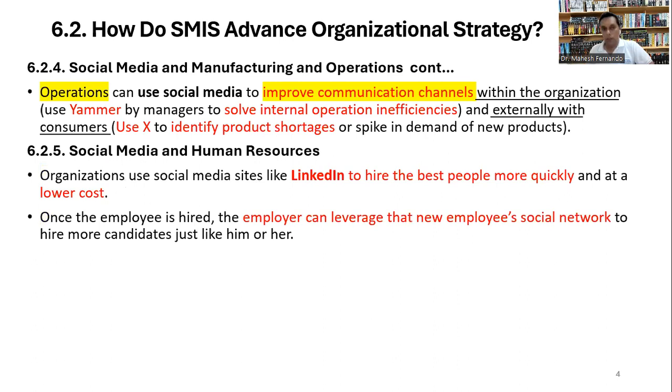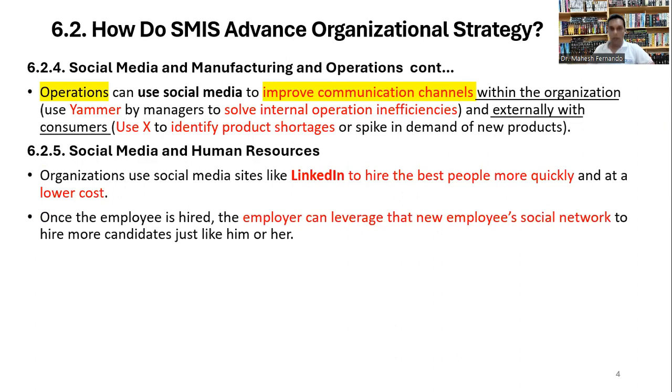In relation to human resources, an organization can use social media sites like LinkedIn to hire the best people more quickly and at a lower cost. You know that LinkedIn is very popular among all the professionals. We can identify their LinkedIn profile, and based on the profile, we can identify the most suitable people for the organizational roles.